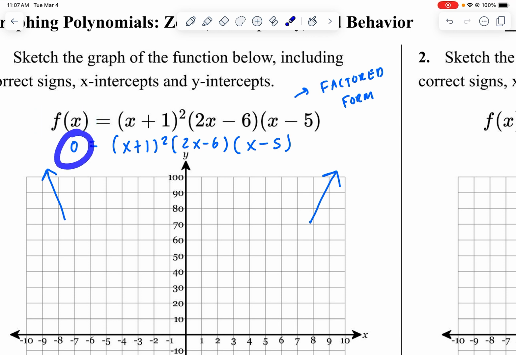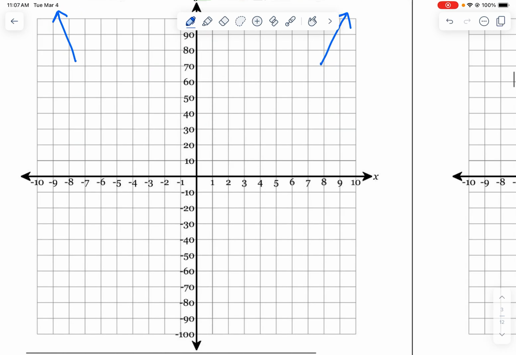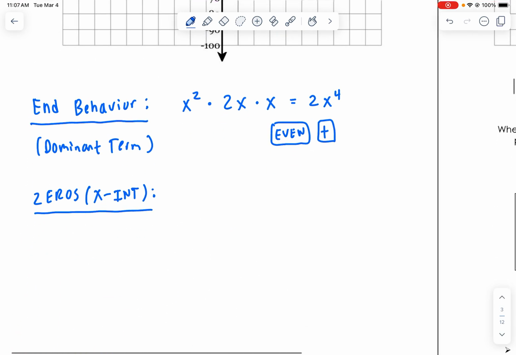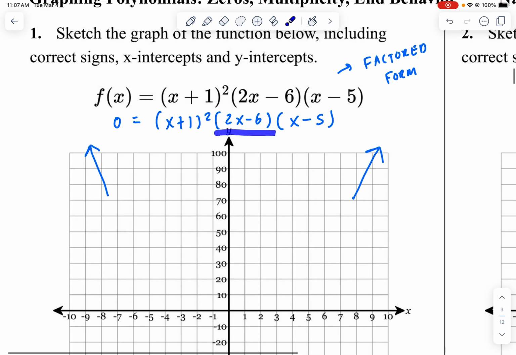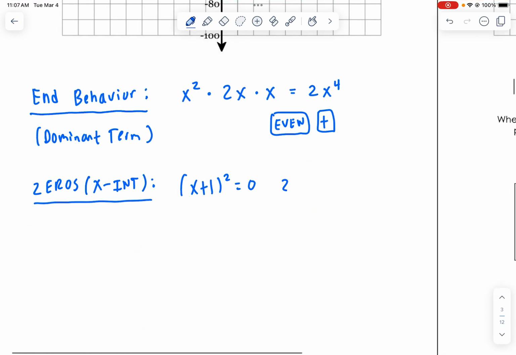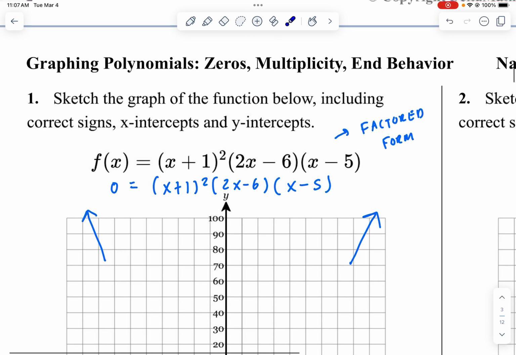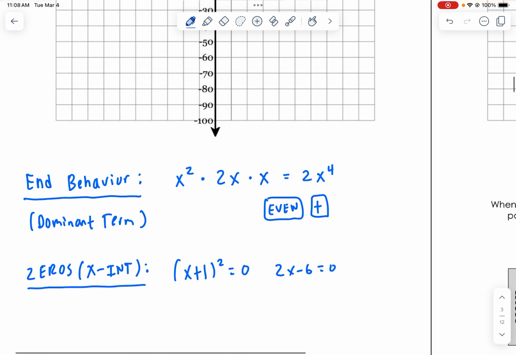So that's why I set this equal to 0. And then now we're going to set each piece we have here equal to 0. So I'm going to set (x+1) squared equal to 0. I'm also going to set 2x minus 6 equal to 0. I'm also going to set x minus 5 equal to 0.